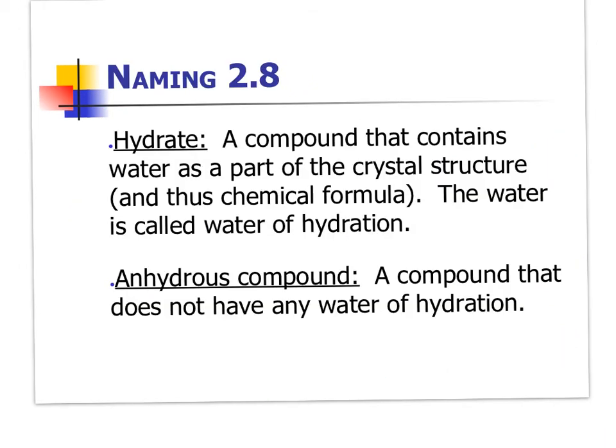Now that we've named a number of these things, what we've been naming, a lot of these are known as the anhydrous compounds. Some compounds have what are known as hydrated compounds, meaning that water is a part of the crystalline structure, or water of hydration. Some of these compounds are extremely important in our everyday life.